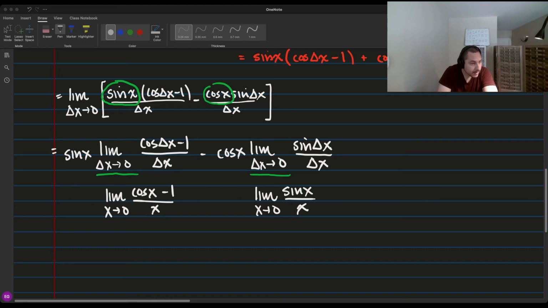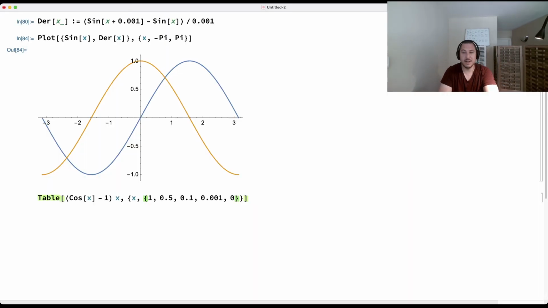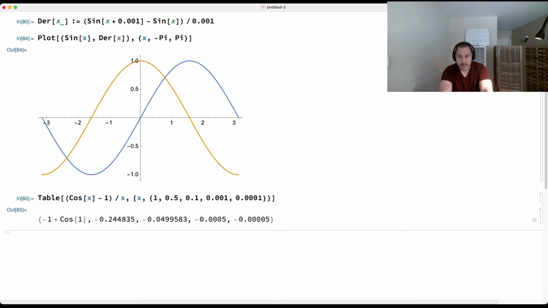Oh shoot, my bad. I thought I switched. There, can you see that typing it in now? That got table cosine x minus 1 divided by x. Cool. And then we want our values like 1, 0.5, 0.1, 0.01, 0.001. Okay, we run that and we see what we get.